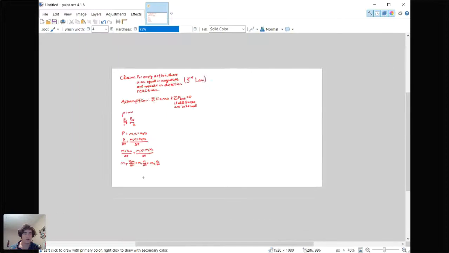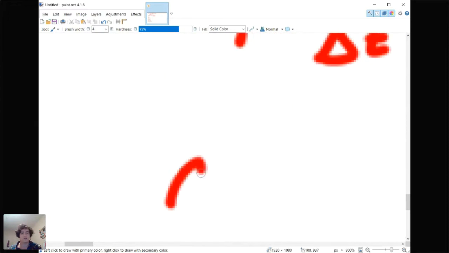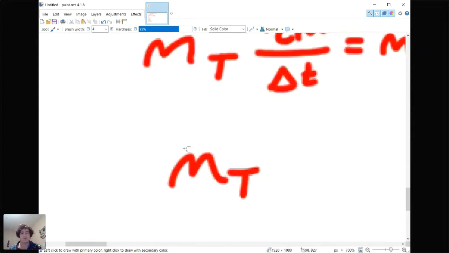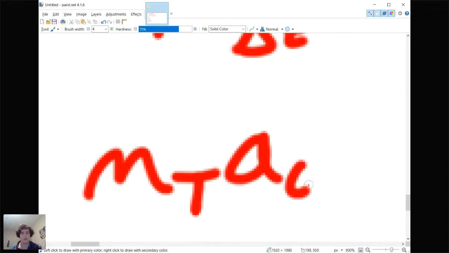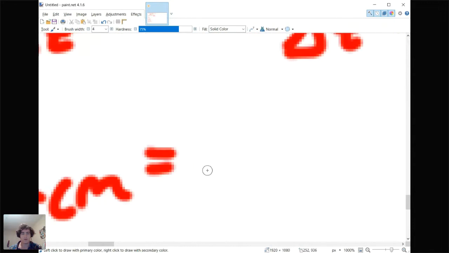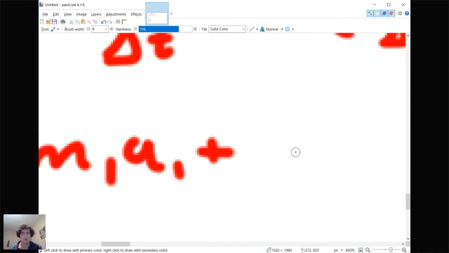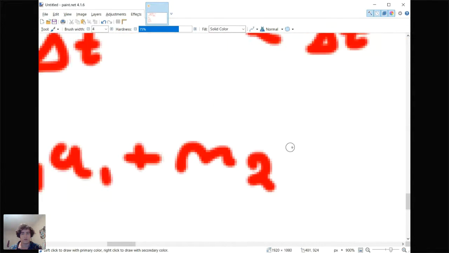And now we can turn these quantities into something that we know. The velocity divided by time is just going to be acceleration. So now we have the total mass times the acceleration of the center of mass is equal to m1 a1 plus m2 a2.